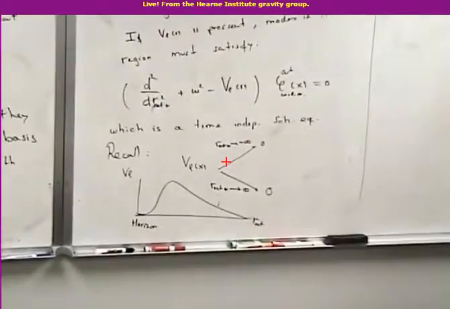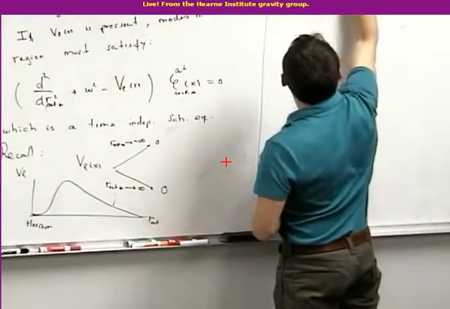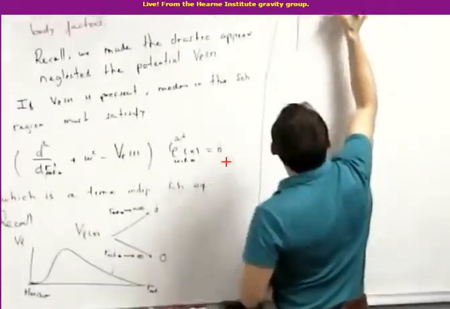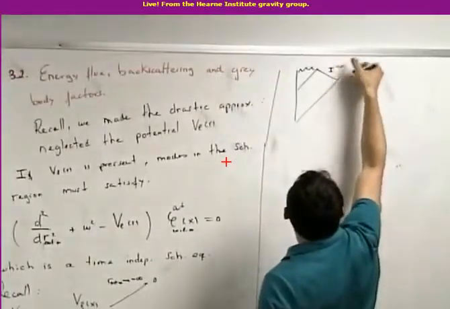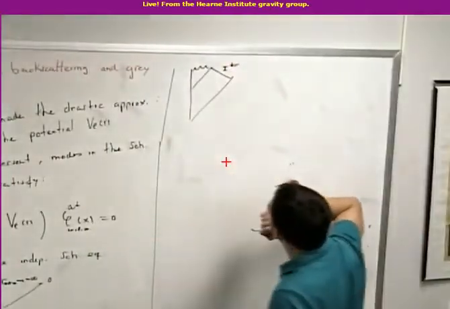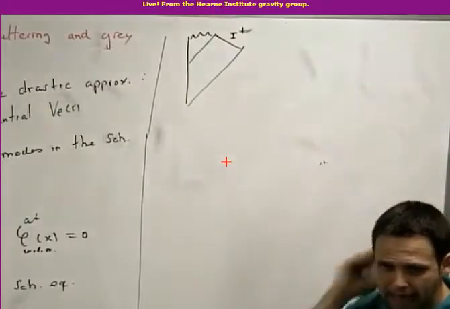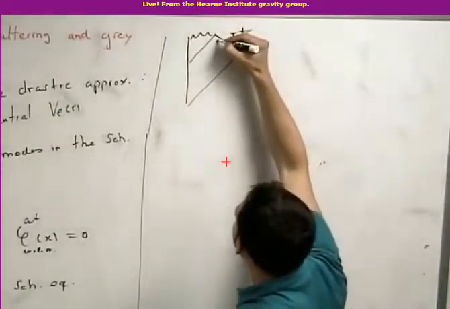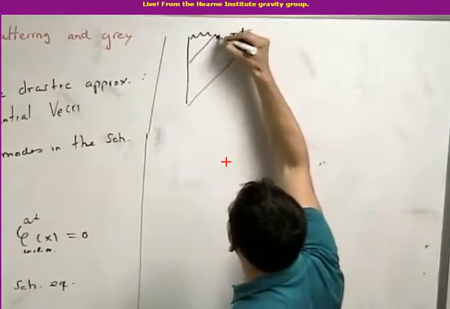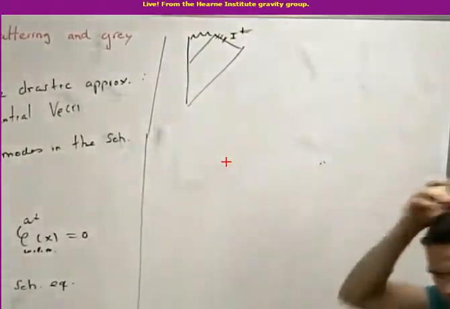So remember that in our calculations, we were using out modes. We were choosing as out modes ones which oscillate with positive frequency here. That was our choice.